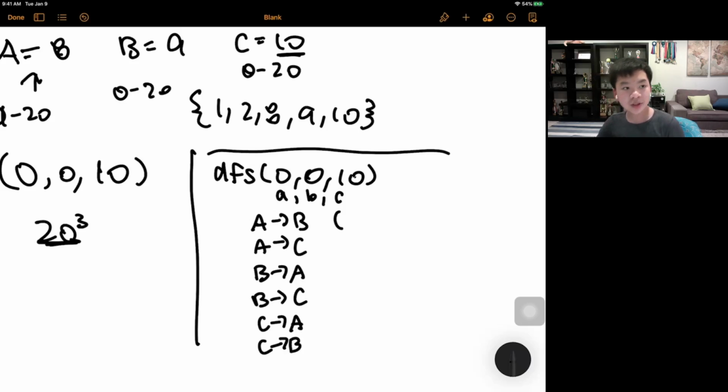The amount you're going to pour is the minimum of a and b. So then this would be left with a minus min a, b.